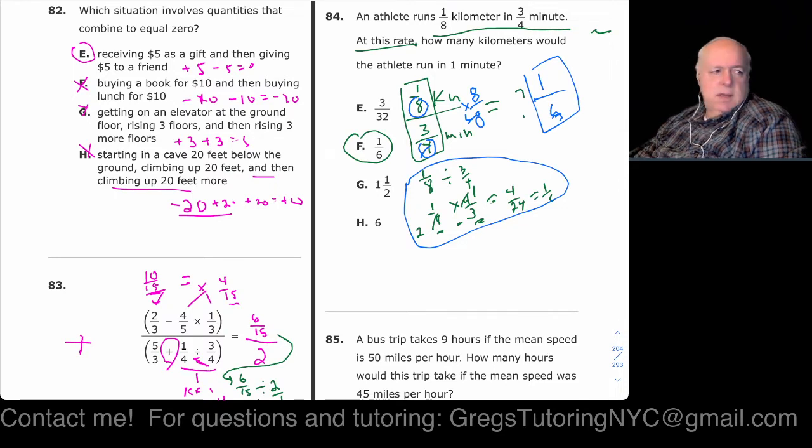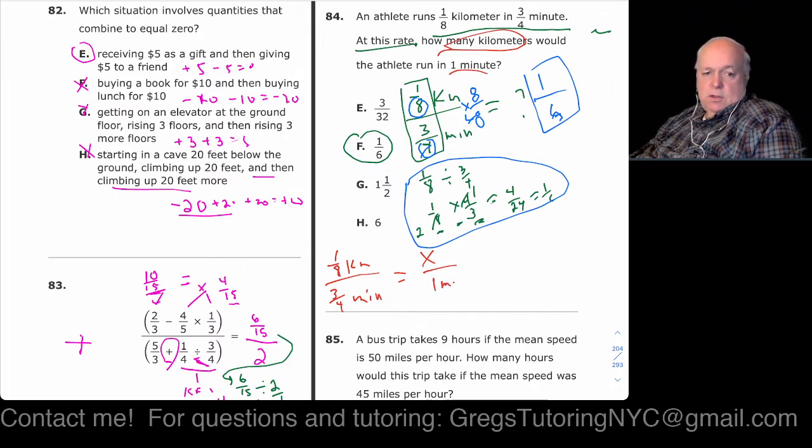Let me change the color just to make sure I'm solving this an alternate way. One way is to just set it up the way I originally did it. I have 1/8 of a km is to 3/4 of a minute. And then they're asking us how many kilometers. So that's x kms, over 1 minute.